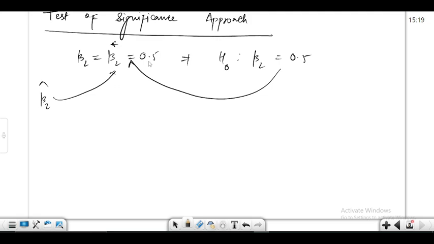So with the help of data, you will find a value of beta 2 hat, and corresponding to that beta 2 hat, you'll find the value of the t statistic, and you'll check whether the t value is in a given range, with a certain given level of significance.